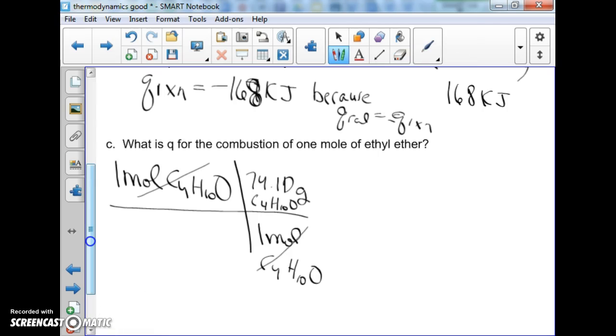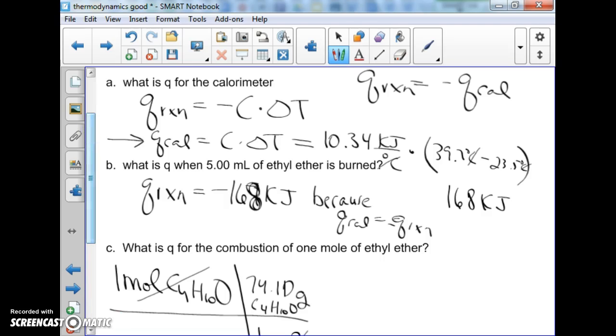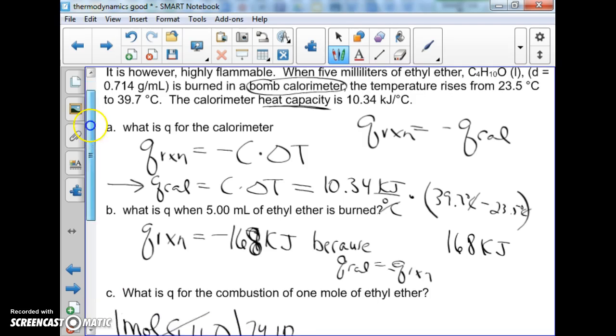Well, what's our relationship? I'm going to go back up. Our relationship is between 5 milliliters and negative 168 kilojoules, isn't it? But I'm in grams. What is my tool that I can use to get me between grams and volume? Density. Good job. We know the density, it's kind of a shortcut there, it's 0.714 grams per milliliter.